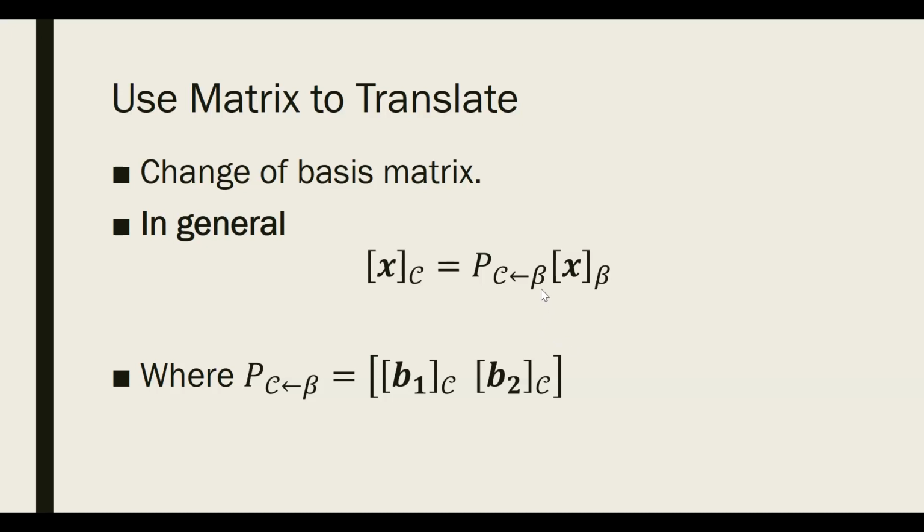By the way, this is the notation they use. If I use a change of basis matrix, we call that P. We write B on the right and then an arrow to C on the left. Okay, so we change it from B to C. Now there's a reason for that.